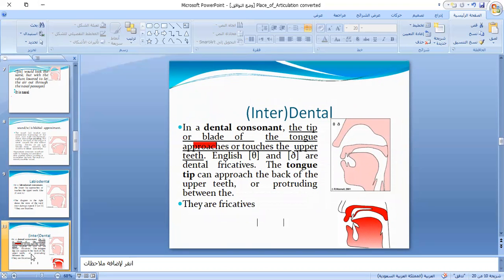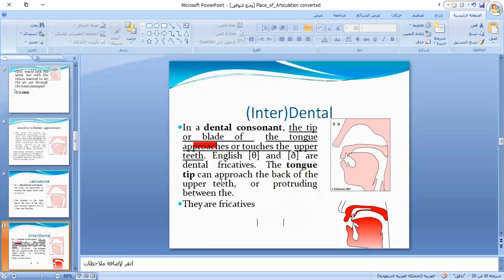Interdental. In a dental consonant, the tip or the blade of the tongue approaches or touches the upper teeth. They are dental fricatives.